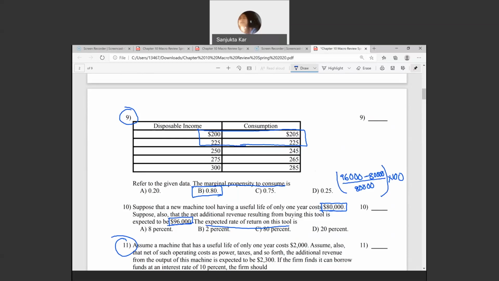If I do the math here, my solution is going to be 96,000, from that I'm taking this 80,000 off, dividing by 80,000 times 100. So this is question number 10 here. My answer will be 20%.